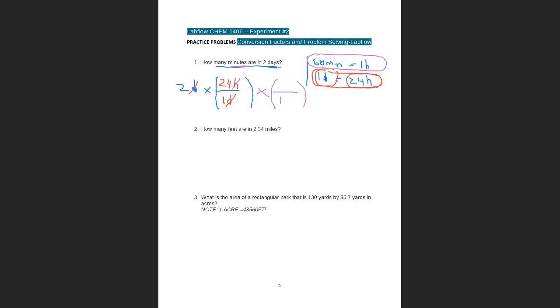So in order to cancel, whatever is to the right of that equality, I need it down. And whatever is to the left of that equality, I need it up. So 60 minutes goes here. Hours cancel with hours, and the units that survive are minutes.